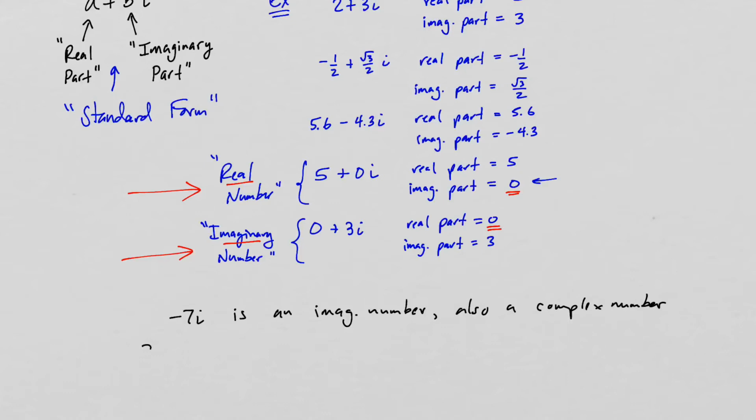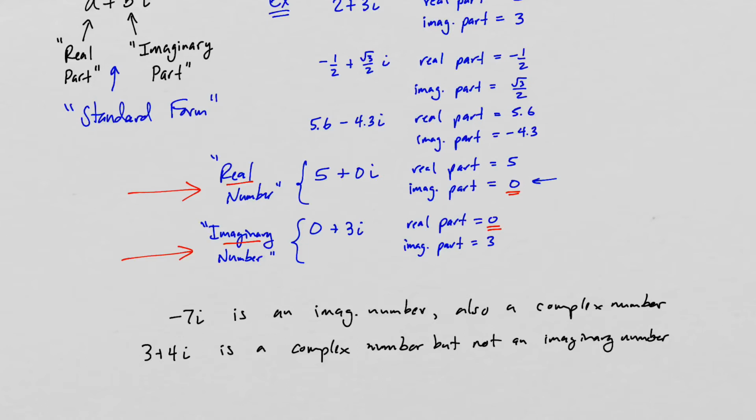However, 3 plus 4i is a complex number, but not an imaginary number. So again, to be an imaginary number, the real part has to be 0. Here, the real part is 3, not 0.